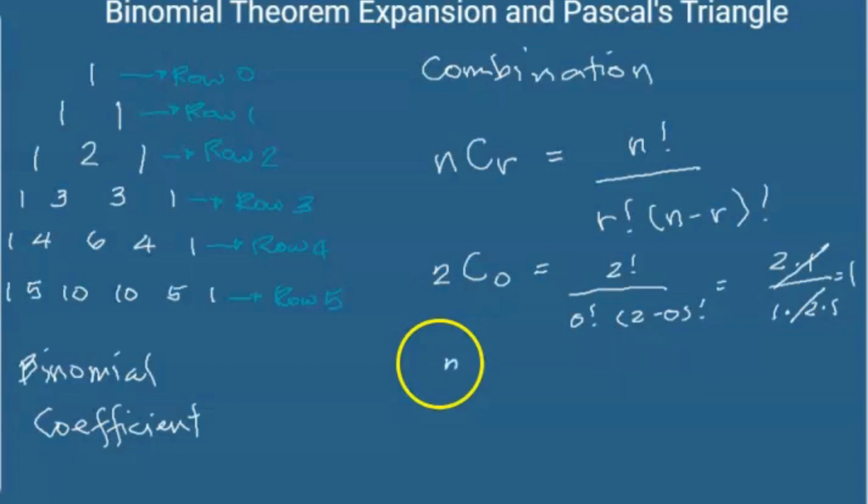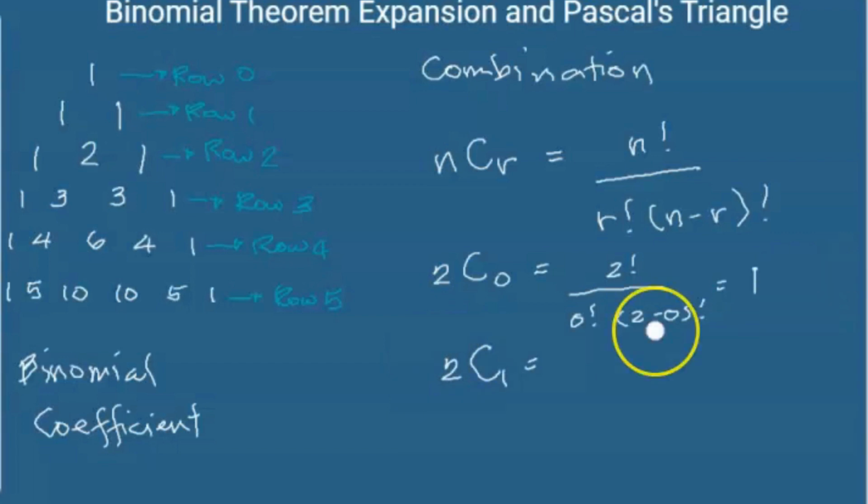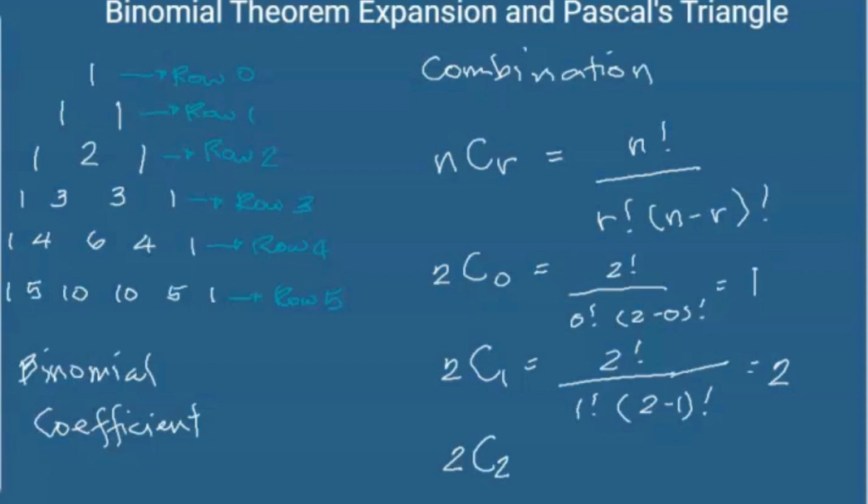Now let's try 2 taken 1 at a time. So this would be 2 factorial over 1 factorial times 2 minus 1 factorial, and this is equal to 2. Now why don't you try 2 taken 2 at a time?